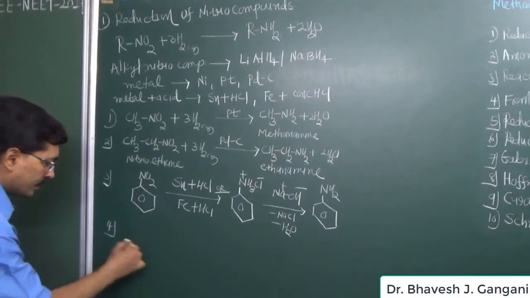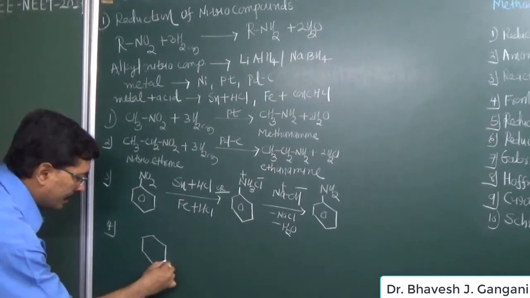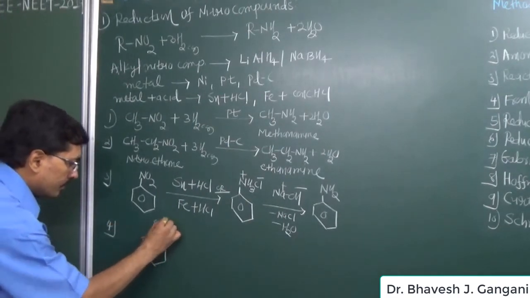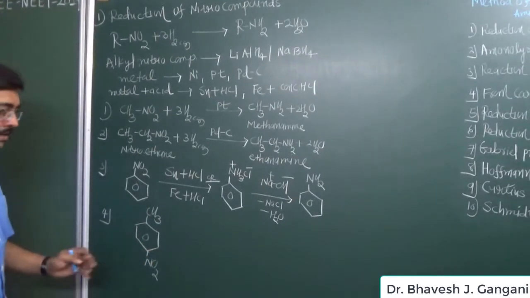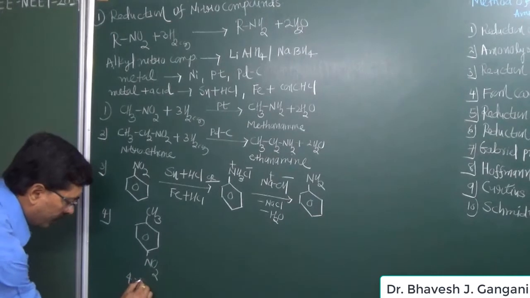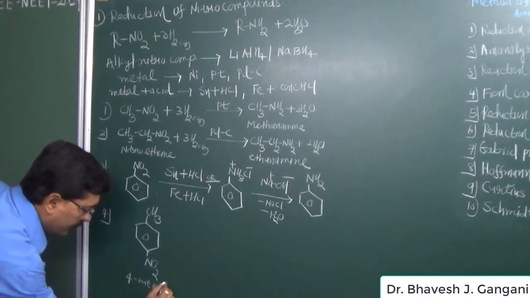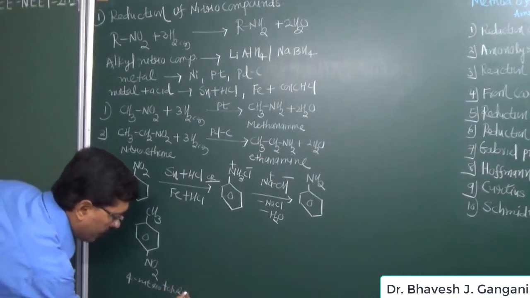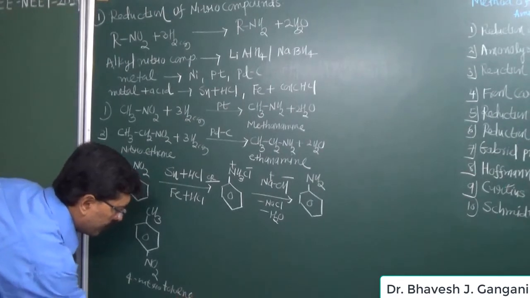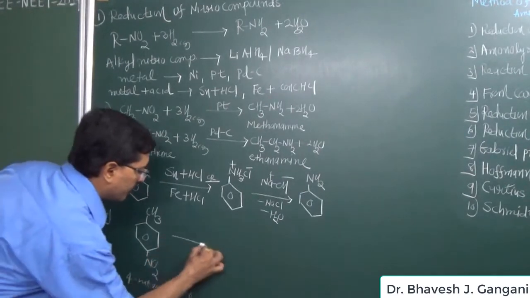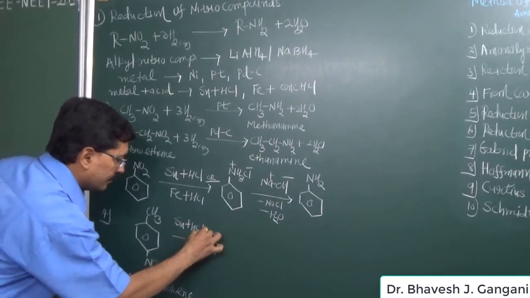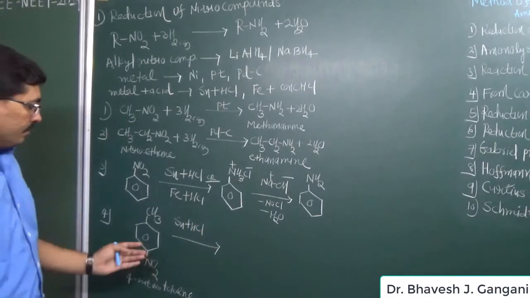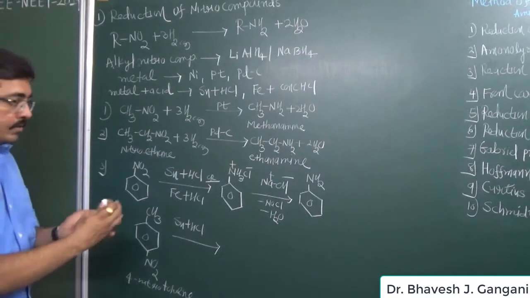Now suppose we have this structure. Now you can give the name of this structure. What is the name of this compound? It is known as 4-nitrotoluene. Now this 4-nitrotoluene on reduction by using tin and HCl, by the same method, we get this nitro group reduced into amine.